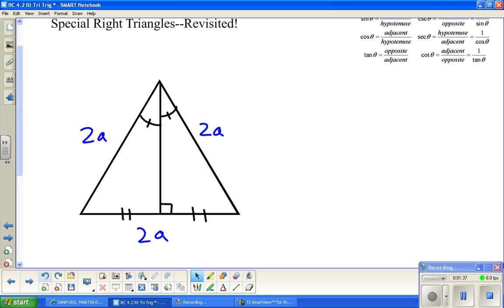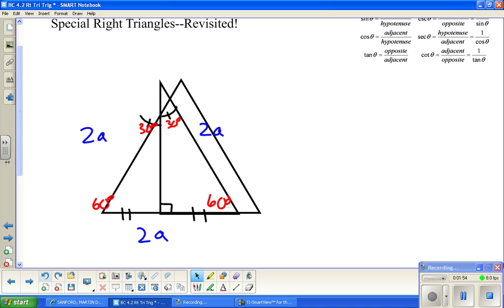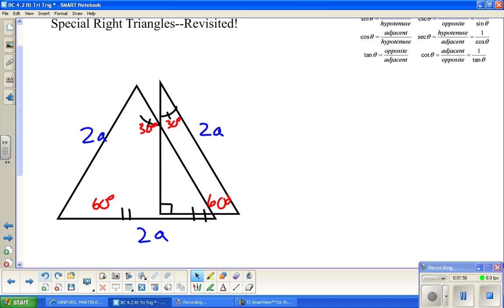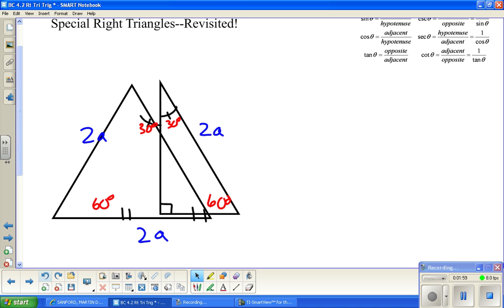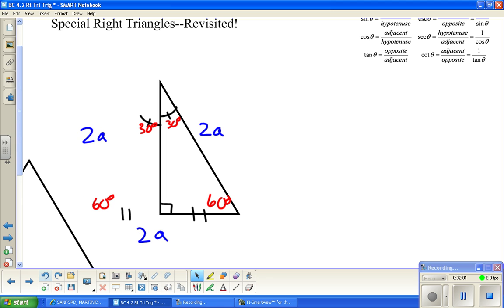Normally in an equilateral triangle, these angles are all 60. Since this top angle is cut in half, these little guys are going to be 30 each. So what we've just done is basically created a 30, 60, 90 triangle. I'm kind of done with that little guy, so I'm going to get rid of it.